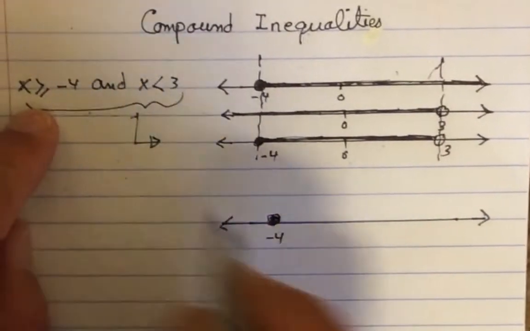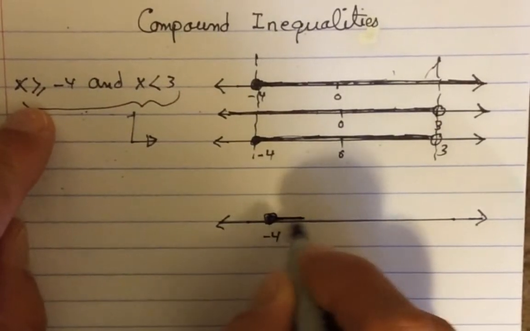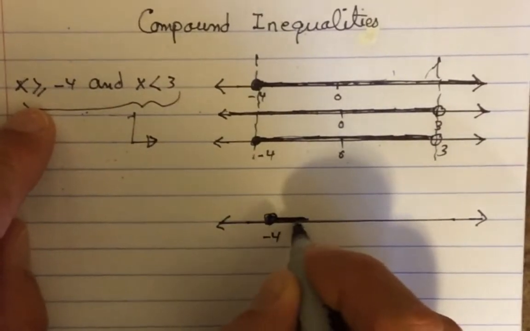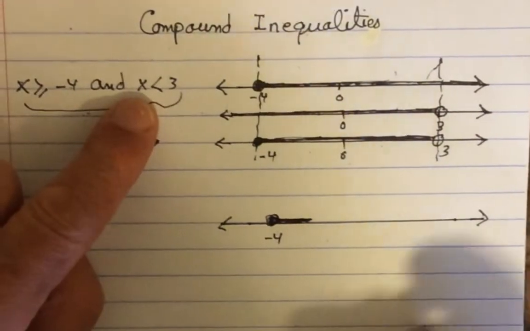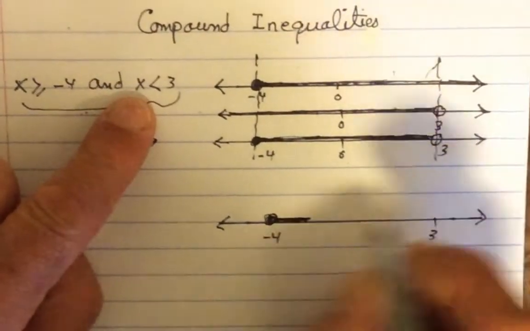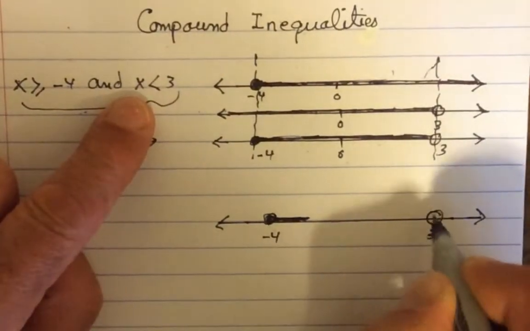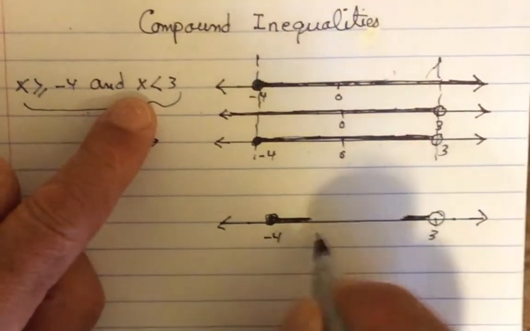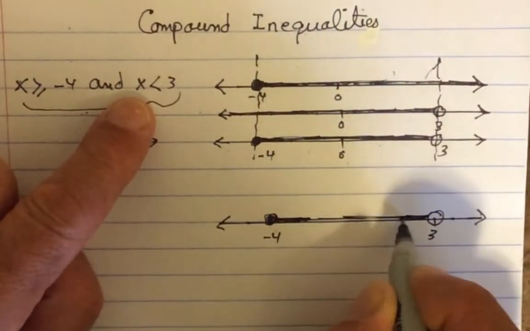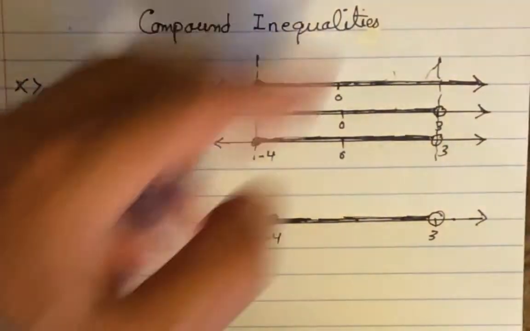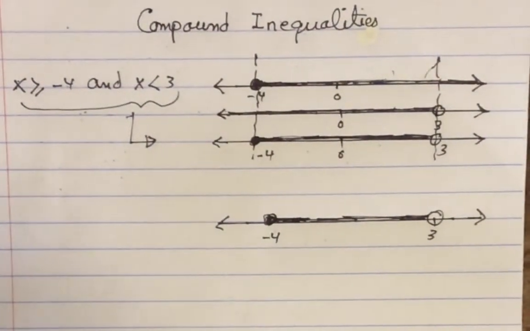We go to the right. I'm not going to shade the whole line, I just know that I want to go to the right. Over here, x less than 3. If this is 3, there is no equal, so it's open, then less, we go left. Then we shade everything in between and we are done. So you get the same answer, but you don't have to do all this work. Okay, guys?